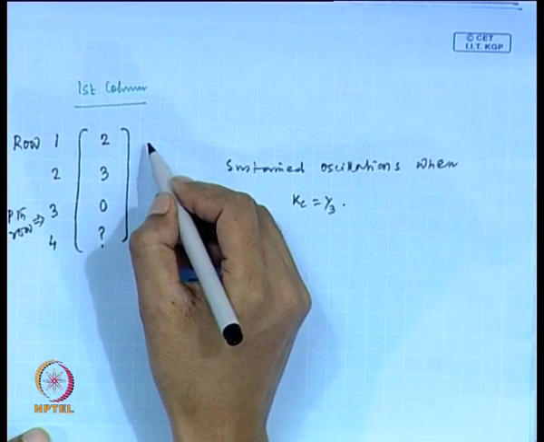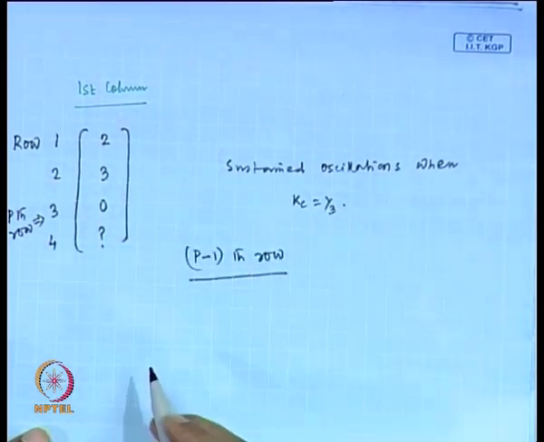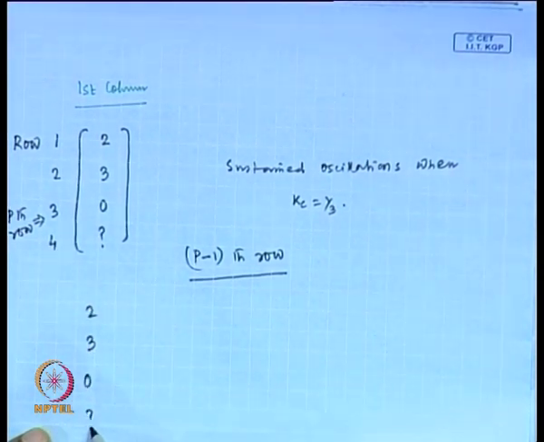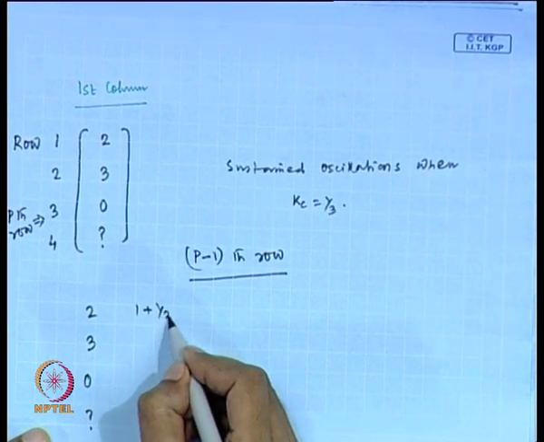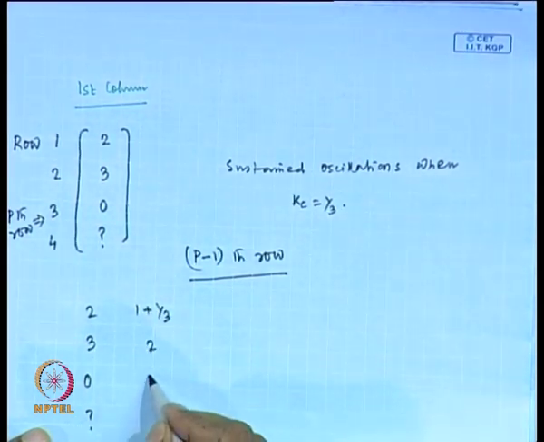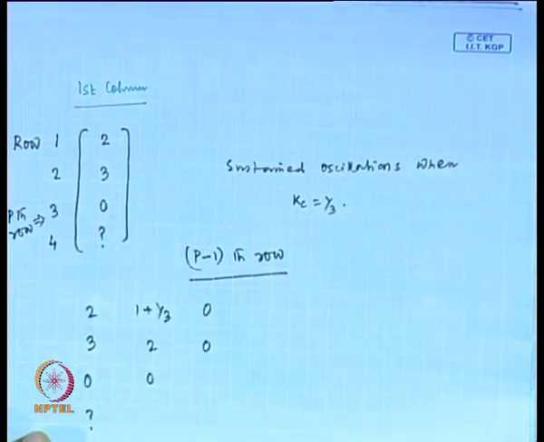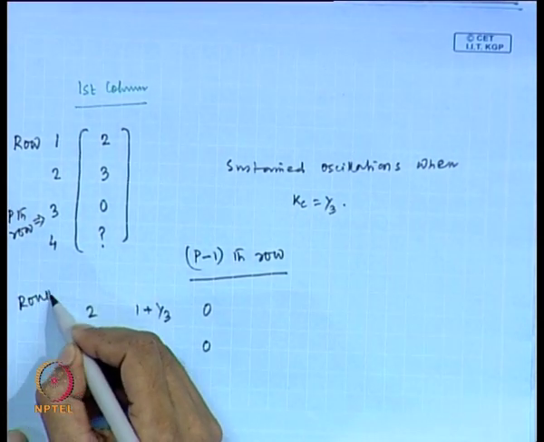That means, if we write the other elements, then the root array becomes like this. Agree? This is the root array.